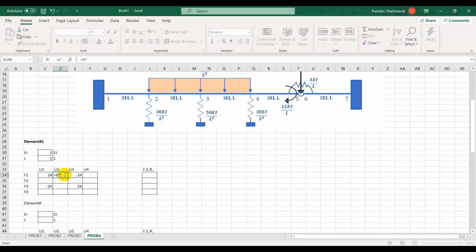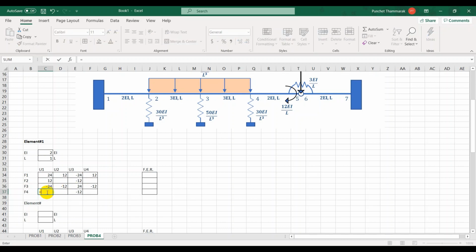And then we have 6 EI over L square. Yes, this is the same 6 EI over L square. This is the same 6 EI over L square. This is minus 6 EI over L square. This is minus 6. This is minus 6.